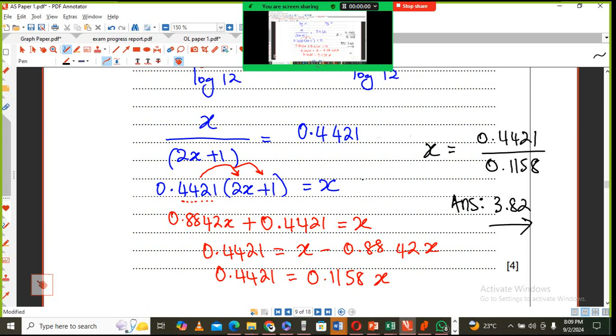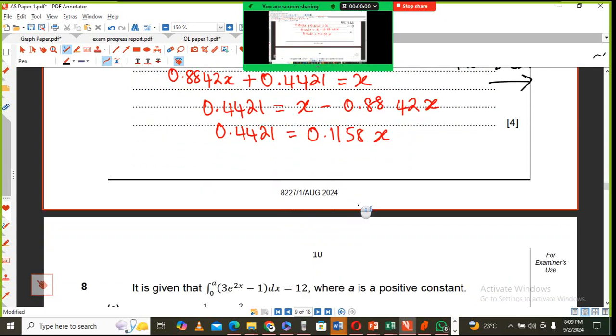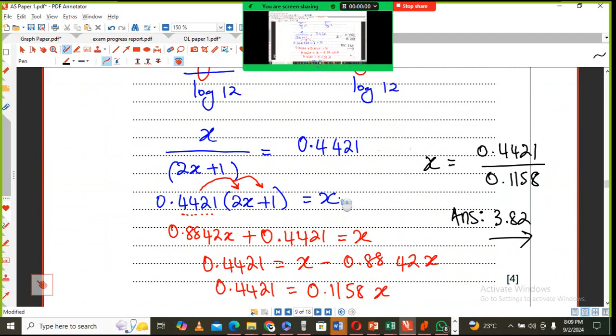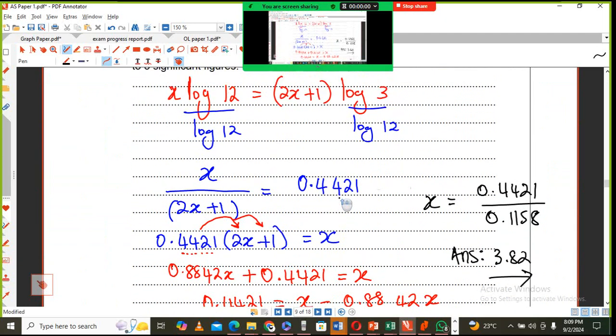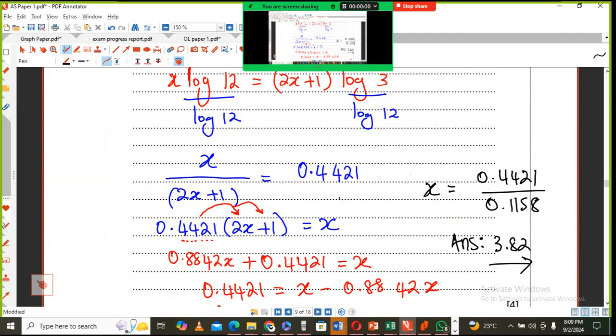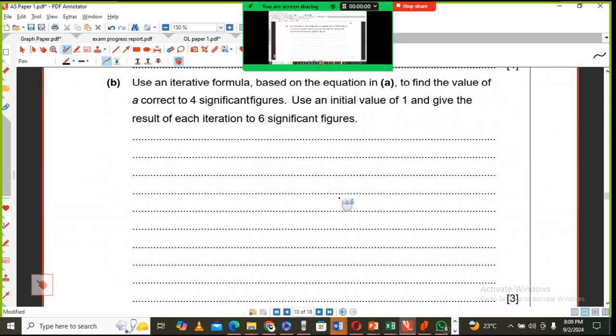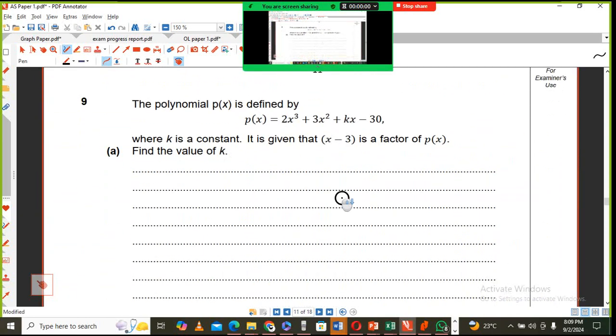Your method is faster. Nizar, did you get the same answer? You're just saying yes, we'll see. Yeah, I got the same answer, but using the other method is much faster.